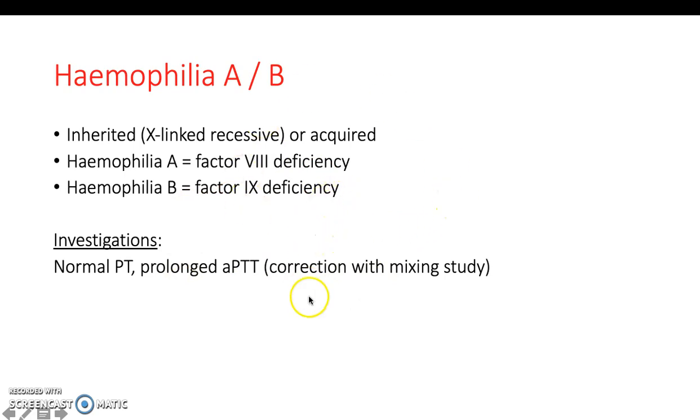And as we went through in the previous slide, haemophilia A is a coagulation defect, which is a secondary defect. It's important to note that the APTT does not correct if it's acquired haemophilia, just inherited. Also, you want to do a factor assay to look for deficiency in either factor 8 or 9.